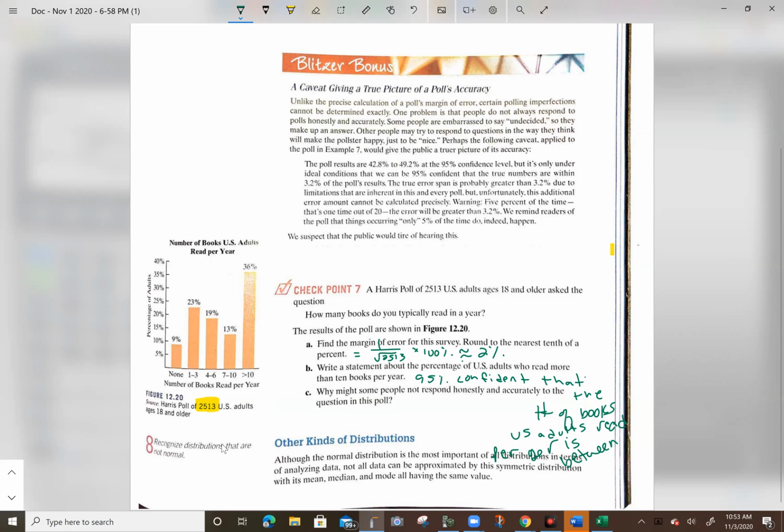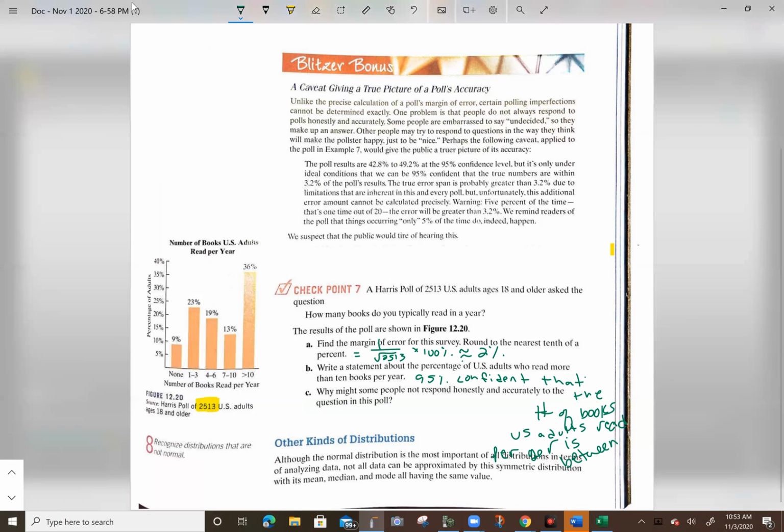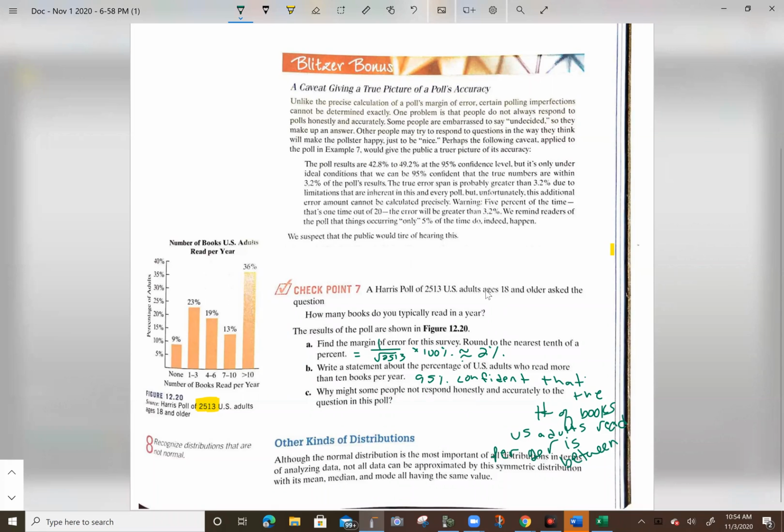We're going to have to find our mean. 36, 13, 36 plus 13, plus 90. Oh, it wants, sorry, you guys. It asked this question about more than 10 books per year. More than 10 books was 36%.